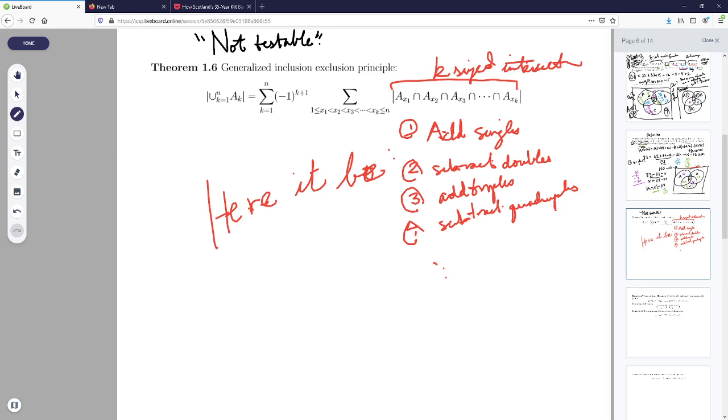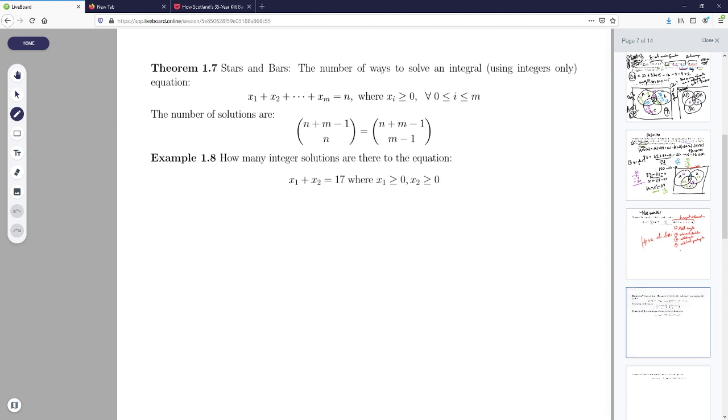So let's do one last thing today. Let's start with this example here. How many integer solutions are there to this formula?